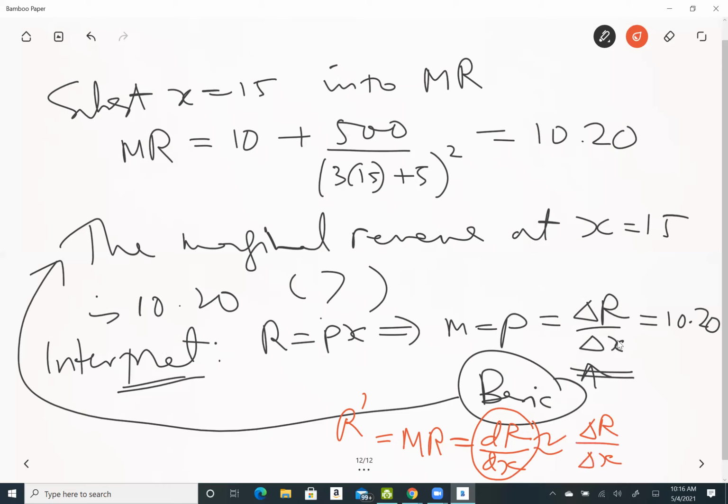Remember for the derivative, we are talking about a very small change in X. Now, in real life or in application, we don't have very small change. What is the smallest change in reality? If you sell something or produce something, say you sell bottles of water, or burgers, what is the smallest change that you can have?